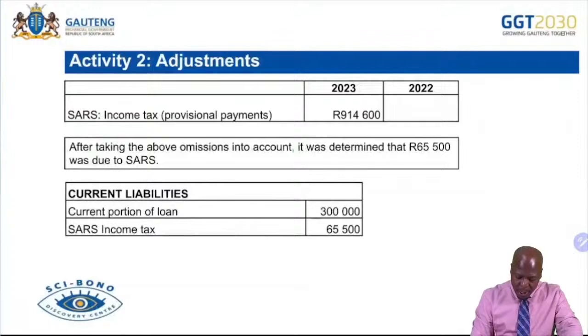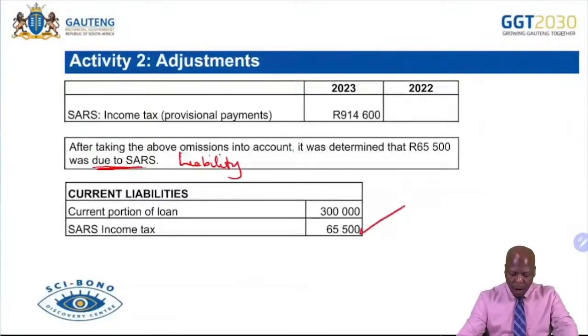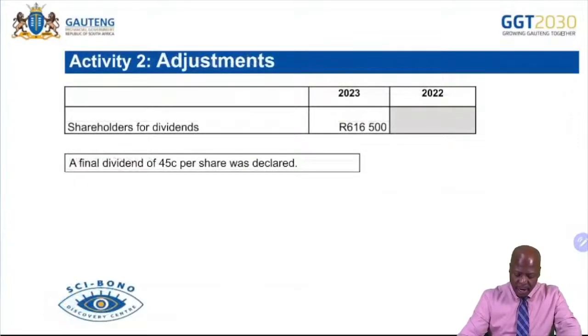We're just going to come due to SARS. That makes it a liability. So once it's a liability, we come here and we have our 65.5. And then the next adjustment then reads, a final dividend of 45 cents per share was declared.